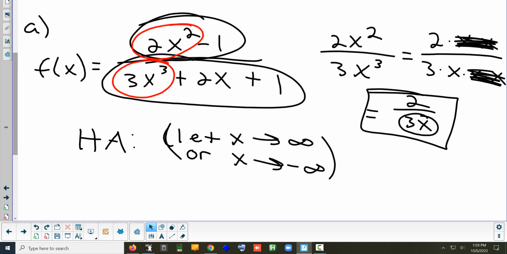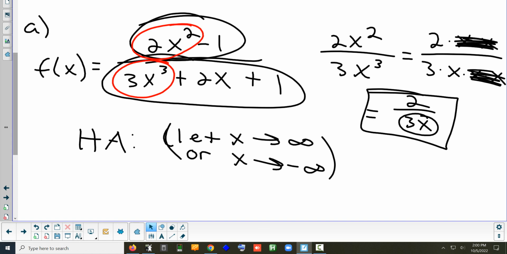How about Kian? What happens to the denominator of that fraction? Well, as x approaches infinity, what's happening to the bottom? What's in the bottom? 3x.